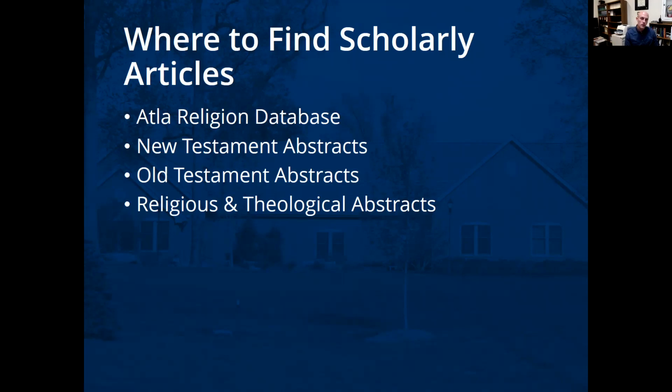They're going to contain records for a lot of the same resources, but each one will also have some particular resources that are unique to it. So if you're trying to be really thorough in the research that you're doing on a particular topic, the best strategy a lot of times will be to first look at the ATLA Religion Database to see what's available in full text there, and then to conduct the same search in these other databases to see what unique resources they may have as well.